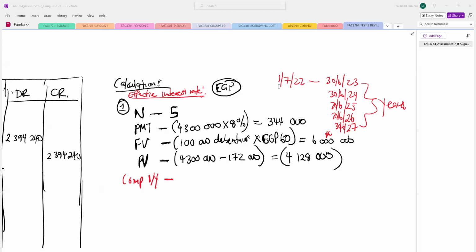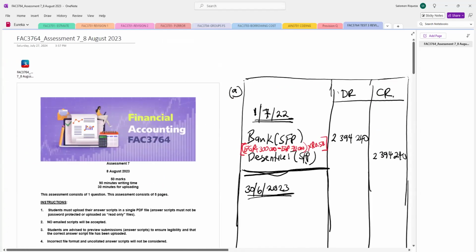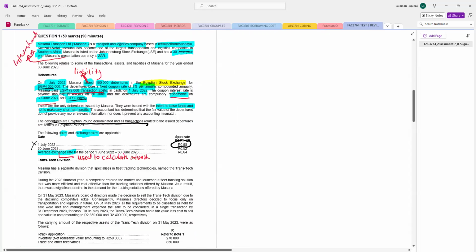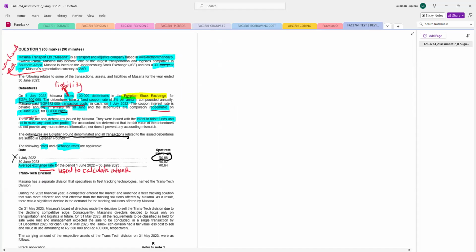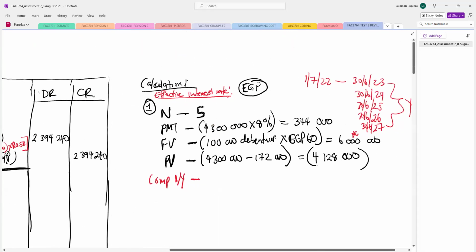So remember, this debenture that we issued was actually worth 4,300,000 Egyptian pounds. But when we have to pay back, we're actually going to pay back 6 million plus interest. This 6 million is not including interest. So when we're saying at premium, it means it's much more in value.